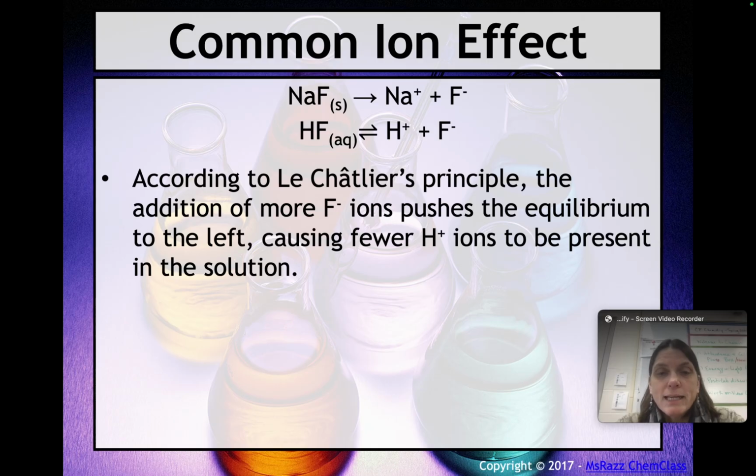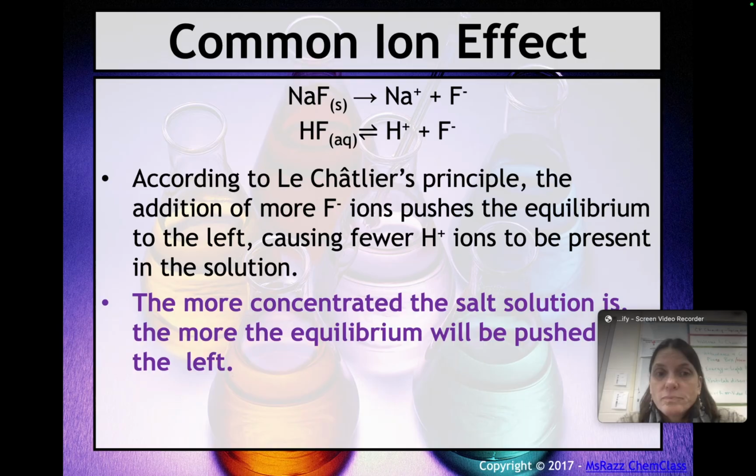Just like I was saying a second ago, according to Le Chatelier's principle, if you add an ion, the equilibrium is going to shift to the other side, because it's going to try to remove that excess ion. So in this case, it's going to shift to the left. There'll be fewer H plus ions, so that's going to impact our pH.